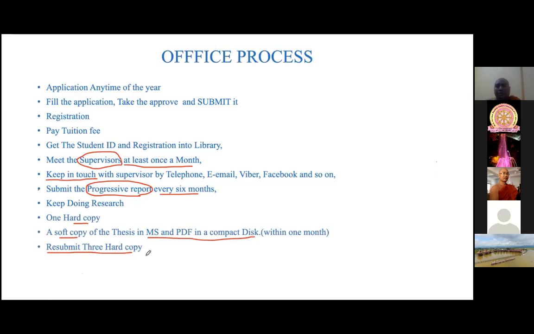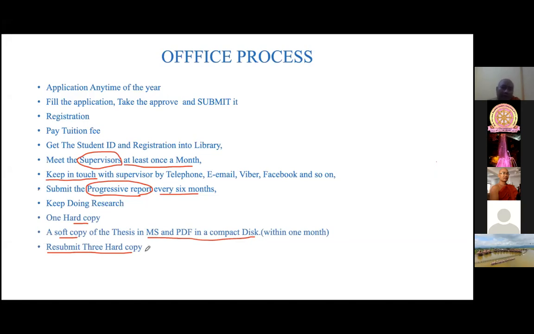Then they will ask you to correct or change some words, or add some references. Anything they ask, you have to correct it. After correcting it, you have to reprint 3 hard copies of your research. Then you can submit it again.